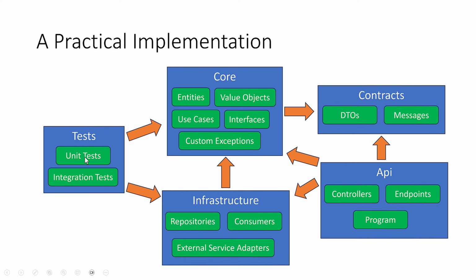We just saw how you can enable those unit tests for the entities, the use cases, and also for the repositories in the infrastructure side. So tests are going to get a dependency on core and infrastructure, and likely in that test project, you may also want to involve integration tests, or you may want to have another project for integration tests. But either way, this test project is going to get a dependency on those two. So there you go, a practical implementation of Clean Architecture for ASP.NET Core.